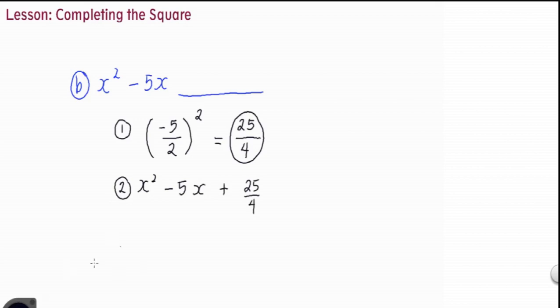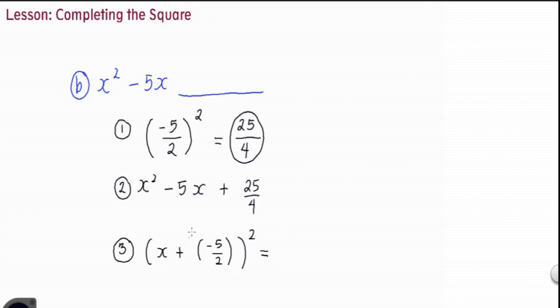And for our last step, to get the factored form of this perfect square trinomial, then we have x plus, since negative 5 here, let me put parentheses first, over 2, then quantity squared. Okay?